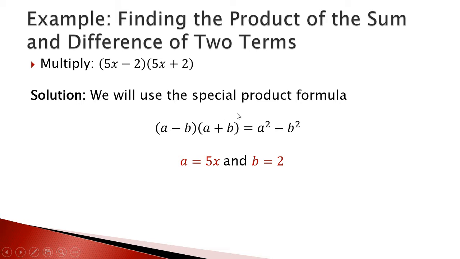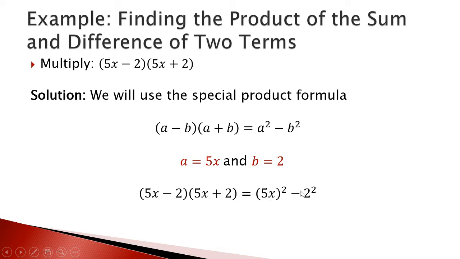So when we use the special product formula for this equation, 5x minus 2 times 5x plus 2, we can write it as the square of the first term, that is 5x squared.